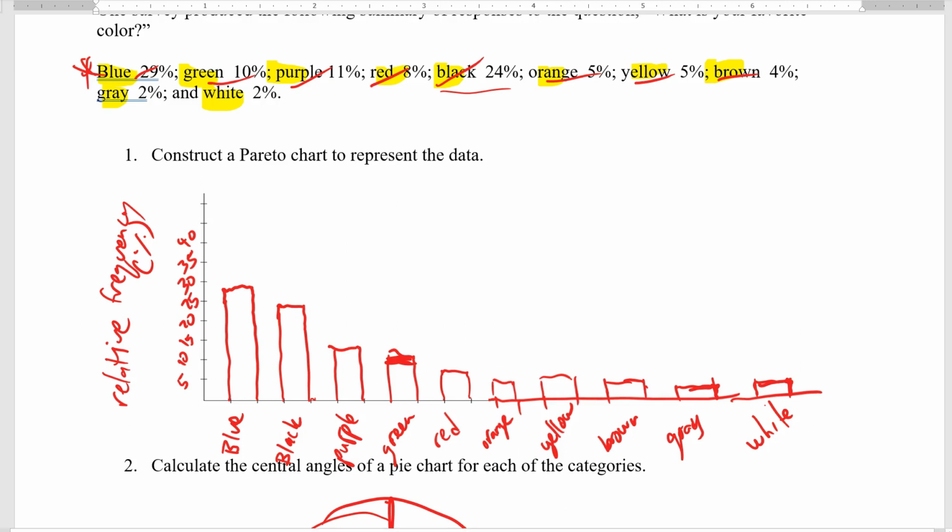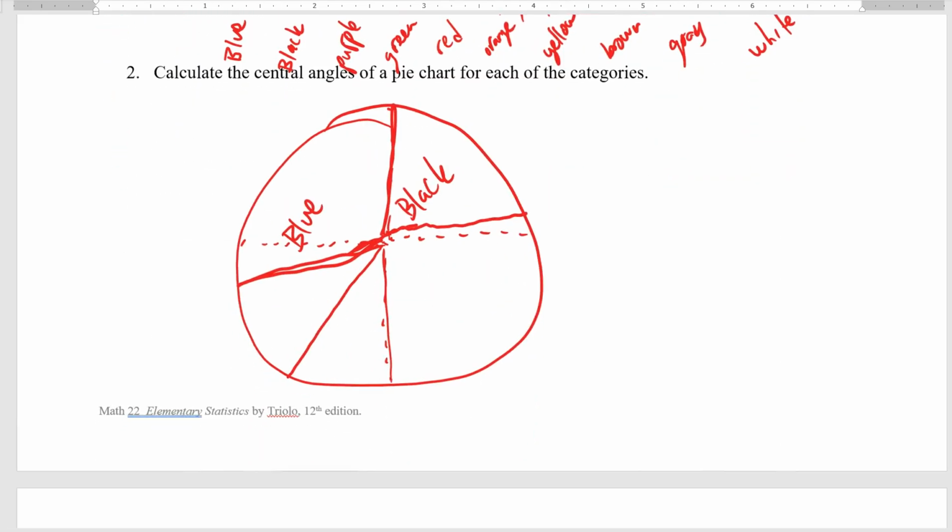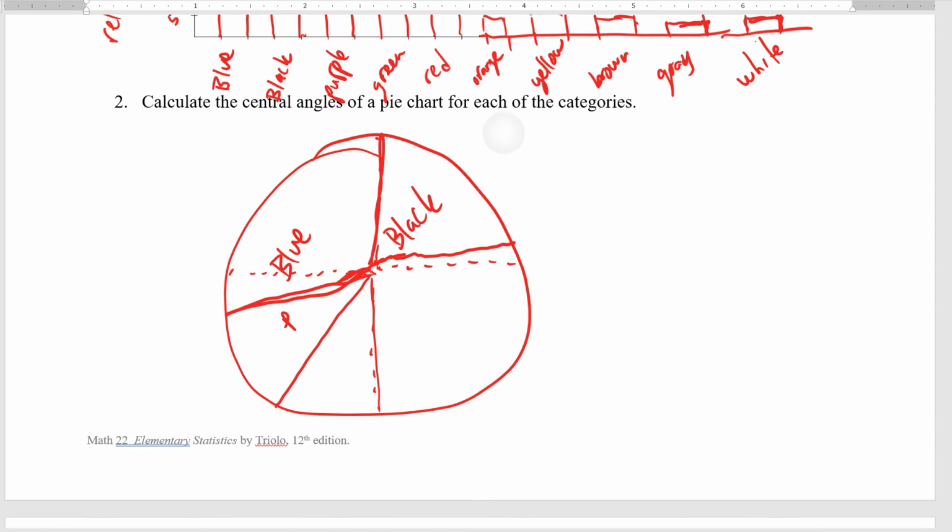If I added these three numbers, they would add up to 50%. So I'm going to take the green and the purple, and purple's a little bigger. I'll cut this so that one of the pieces is just a little bigger than the other. The one that's a little bigger is purple, and the one that's a little smaller would be green. It's just a little bit. If you don't like that, you can make the line a little more pronounced, but just a little smaller than the other one.